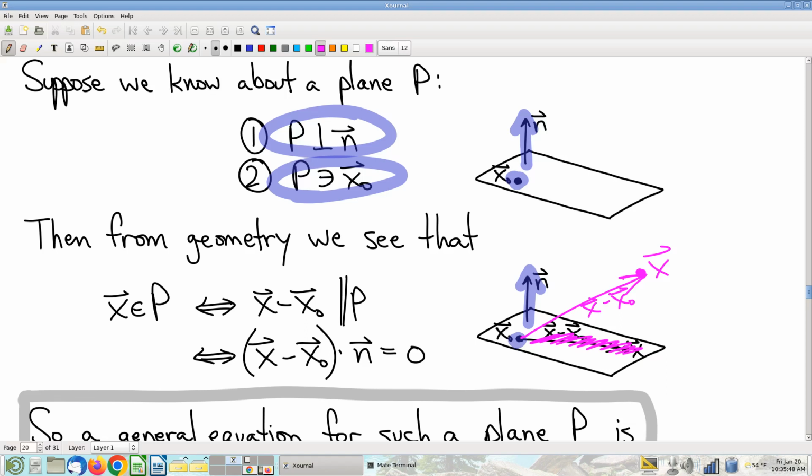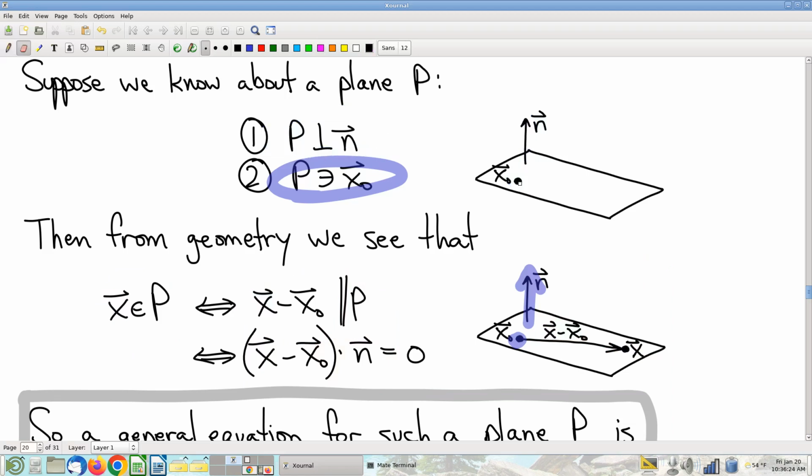And if the point is not in the plane, as per my drawing here, then again I argue, and this is a geometric argument, that x is not in the plane. Well, x naught is in the plane. When I do that subtraction, it can't be parallel to the plane, which means it can't be perpendicular to the normal vector, which means that it can't be that this dot product is 0. So it works both ways, right? In or not in the plane, this is a test to decide which way it is.